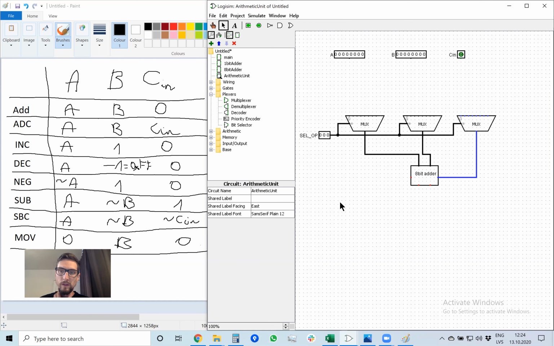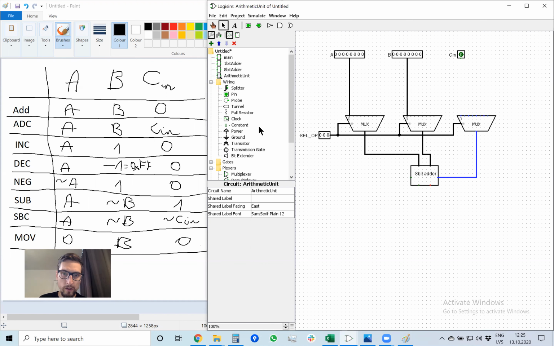And so, first case, to perform addition, the first input is just A. The second input is simply B. And the third input is not carry in, but is 0. And in Logisim, you can place an object called constant.